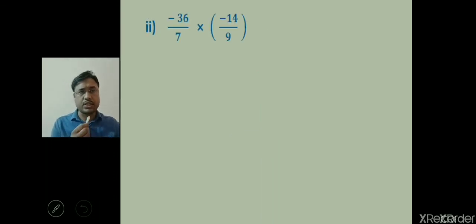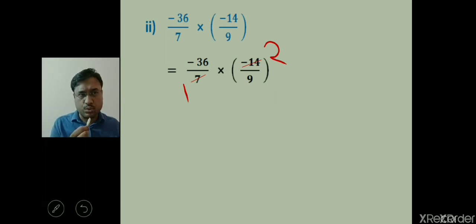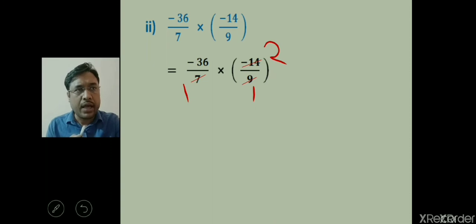Next question is this: minus 36 by 7 into minus 14 by 9. So here it is divisible. So first we will cut this 7 into 1 time, and then 14 is divisible by 7, 7 into 2 times 14. Next this 9 into 1 here again, and then 9 into 4 times.